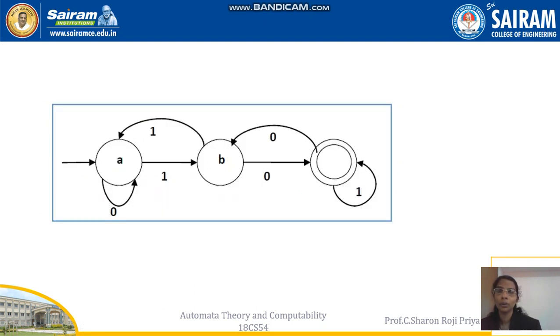This is the diagrammatic, pictorial representation of my automata model. A state with an incoming edge is the start state, a double circle denotes the final state, and edges labeled with input are known as transitions.